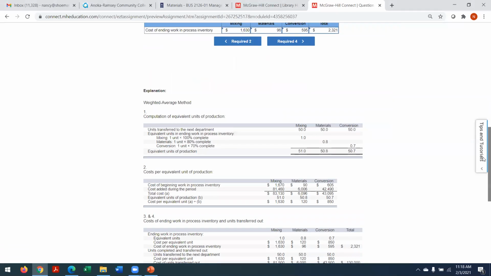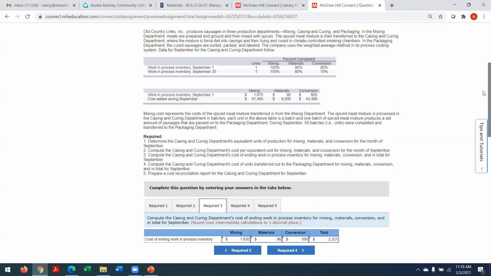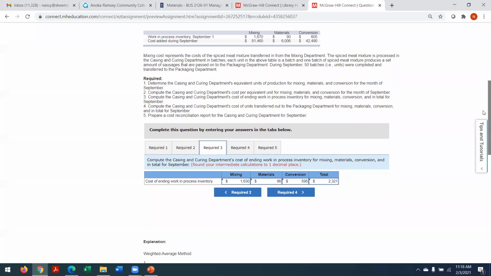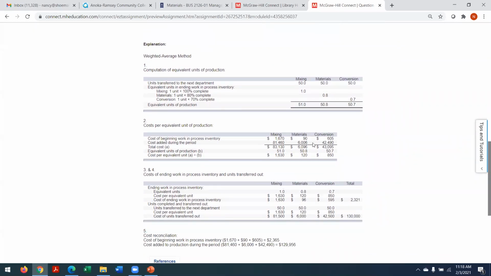So how are we going to figure this out? Cost of ending work in process, requirement 3. For mixing, we had 1 unit left in ending inventory at a cost per equivalent unit of 1630.